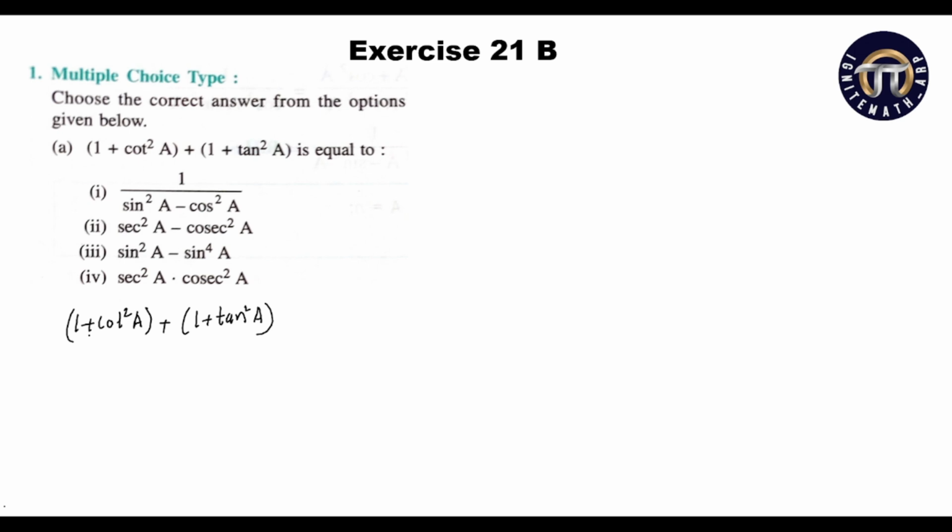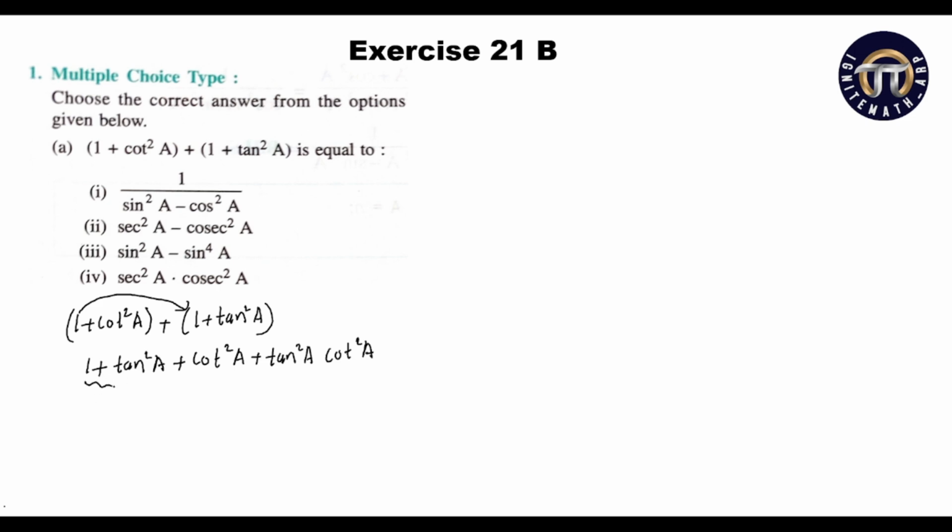I'll just multiply this out. 1 into 1 is 1, then 1 into tan square A gives plus tan square A, and again with cot square A: plus cot square A, plus tan square A into cot square A. Clear, children?